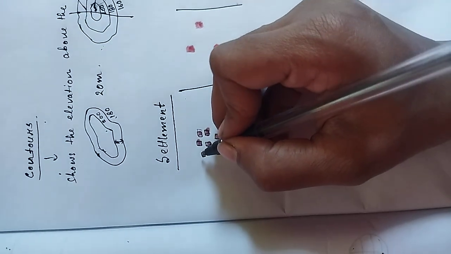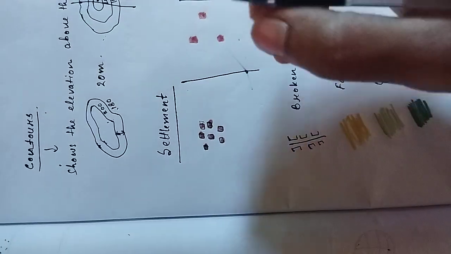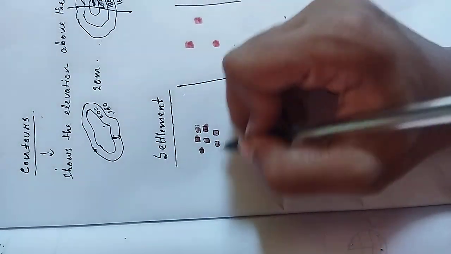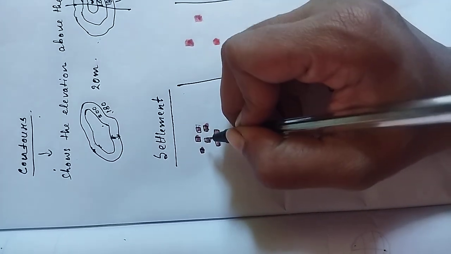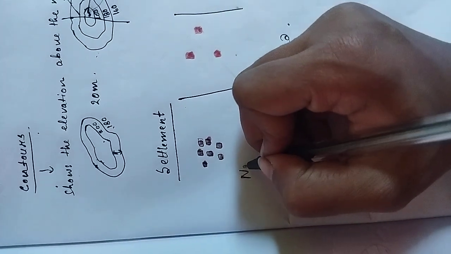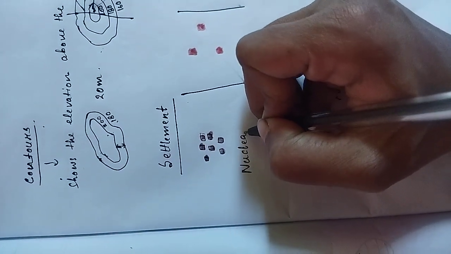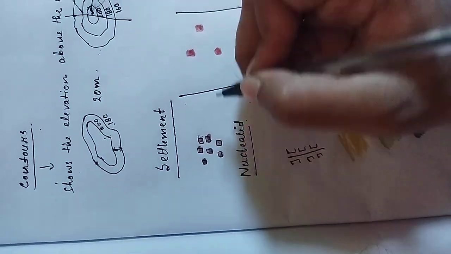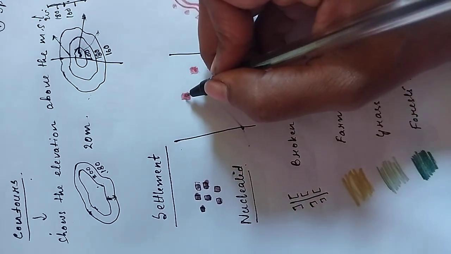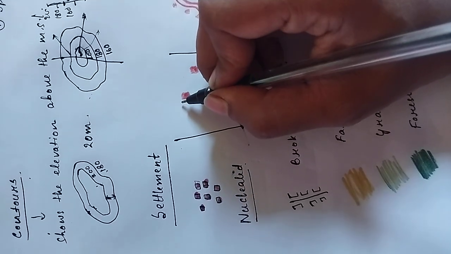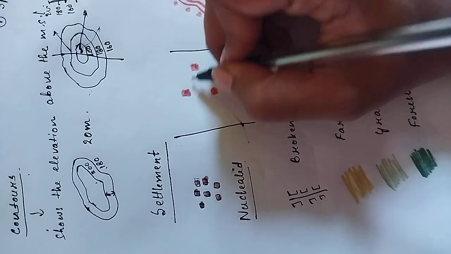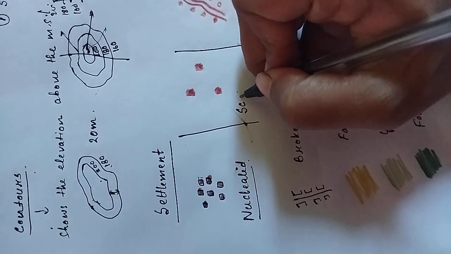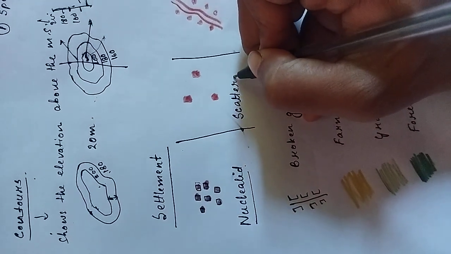Now when a lot of small red boxes are gathered together, present very closely, then we can say it is a nucleated settlement, meaning the population is dense over here. Now if there is one settlement here, one settlement far away, and the distance between the settlements is huge, then we can say it is a scattered type of settlement.